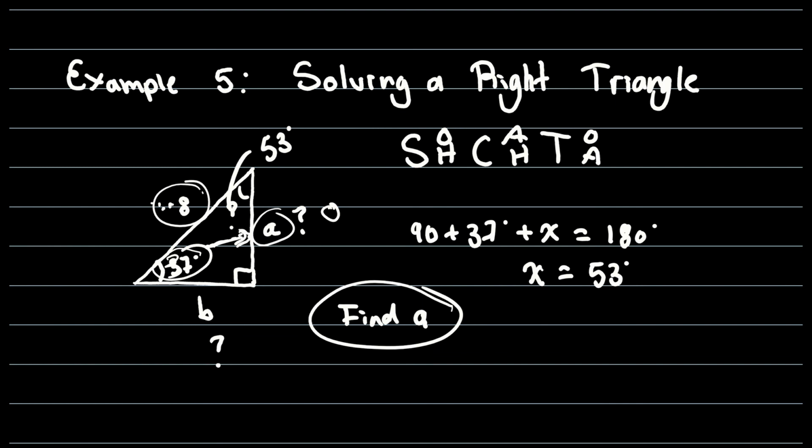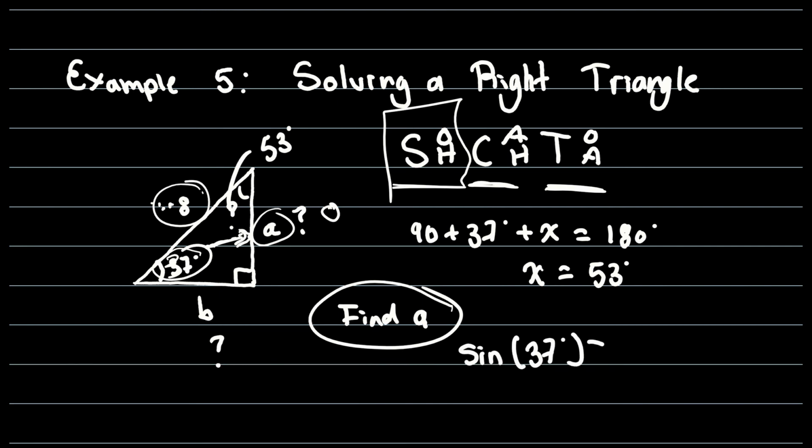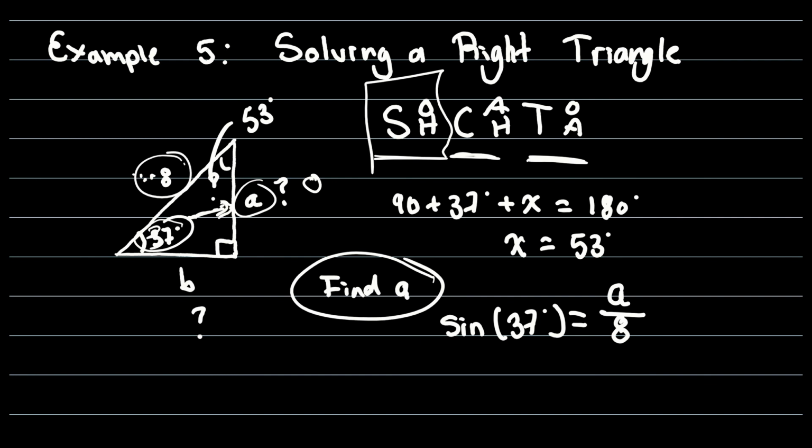So where do I have opposite and hypotenuse? Well, that is sine. So then I say sine of 37 degrees is equal to opposite, which is A, over hypotenuse, which is 8. And we're interested in finding A. If we want to leave A by itself, we have to multiply by 8.